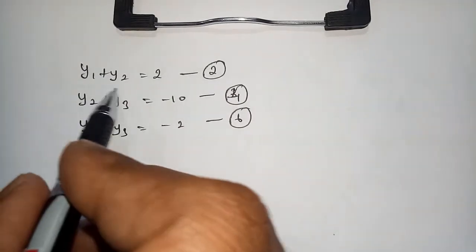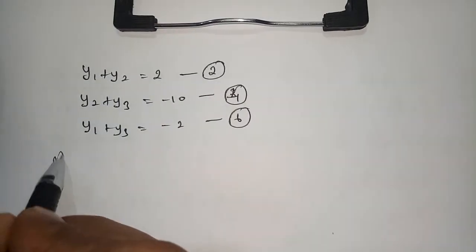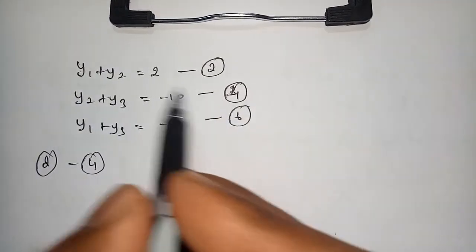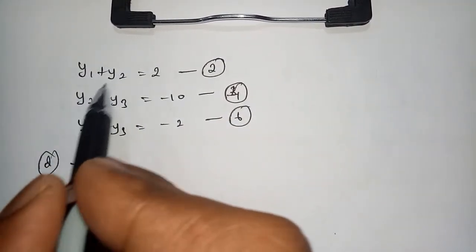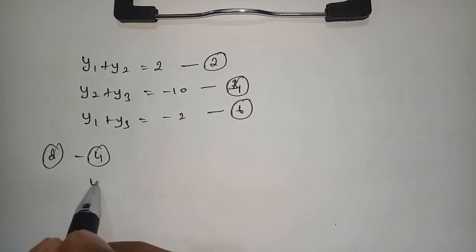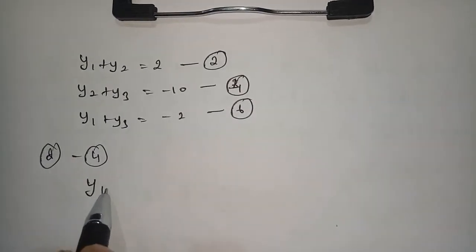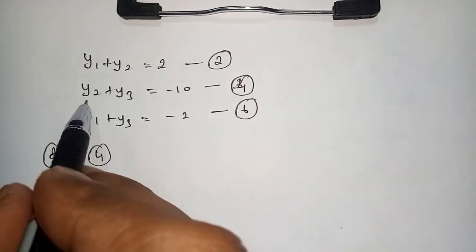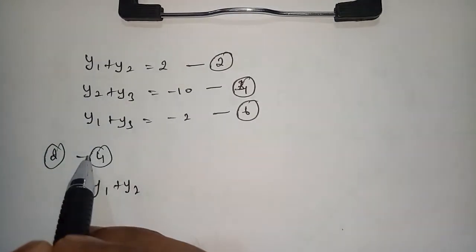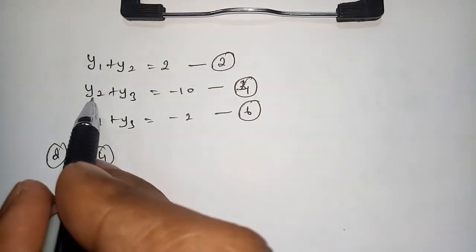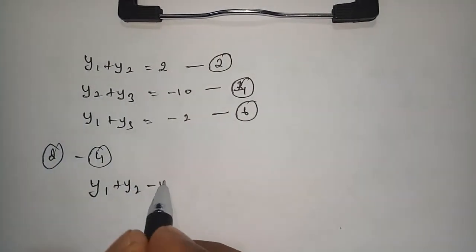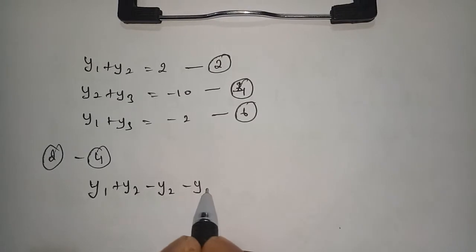Same method we'll do. We'll subtract 2 minus 4. When you subtract this 2 minus 4, automatically this y2 will get cancelled. So what is there in the second equation? y1 plus y2. And what is there in the fourth equation? y2 plus y3. When you subtract this, minus into plus is minus, minus into plus is minus. So we'll be getting minus y2 minus y3.